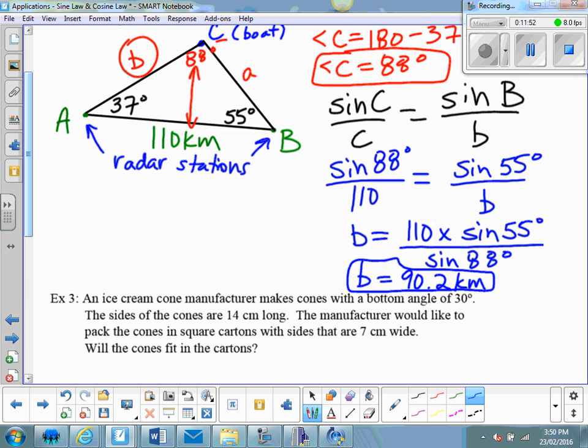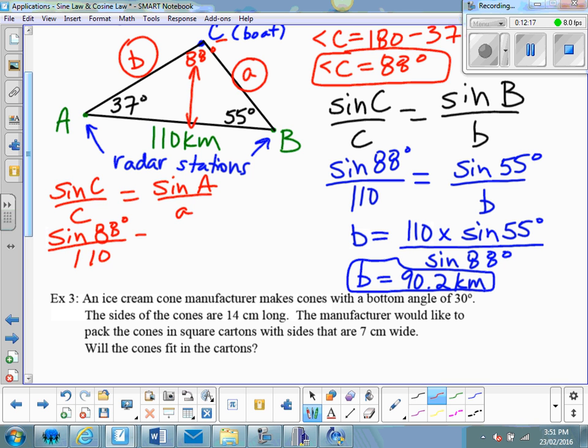Now I have to find both sides, so now I have to do the same thing, but for side A. So I'm going to use the same sine C over C, but now I'm going to use sine A over A. So sine C over C is going to be sine 88 over 110 again.